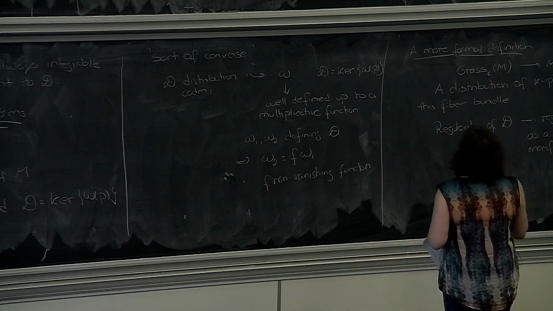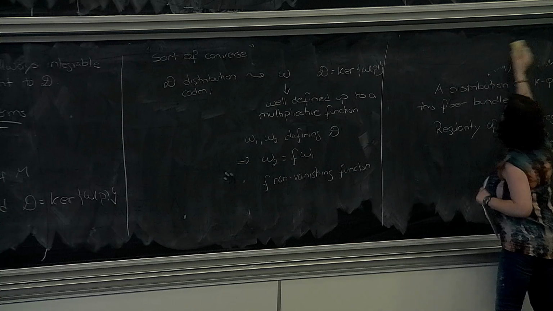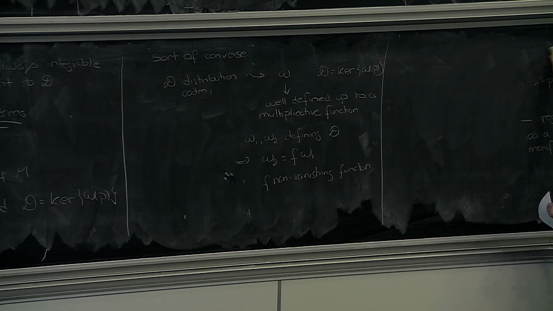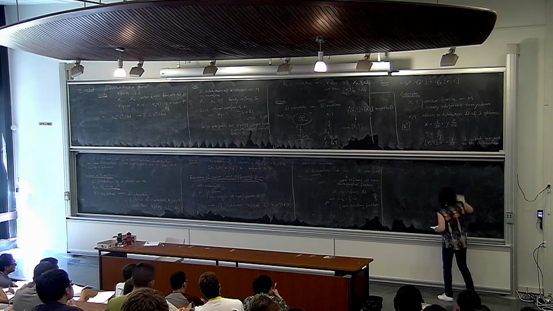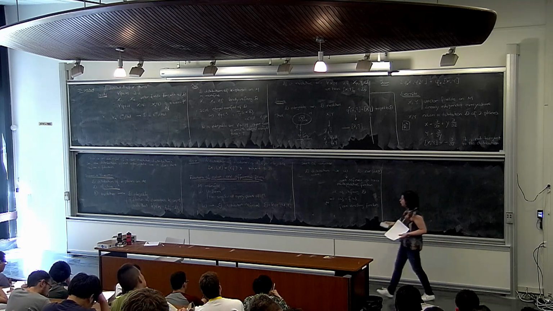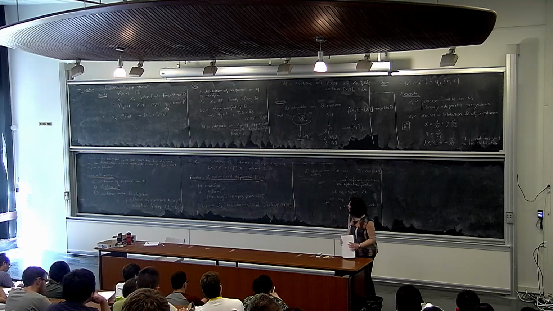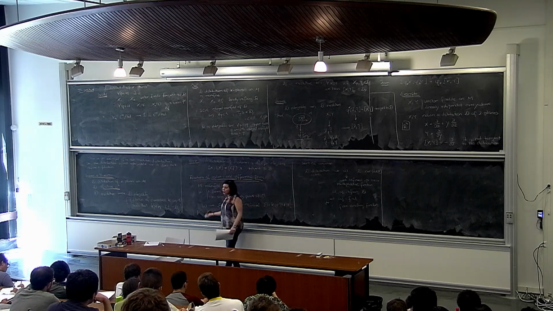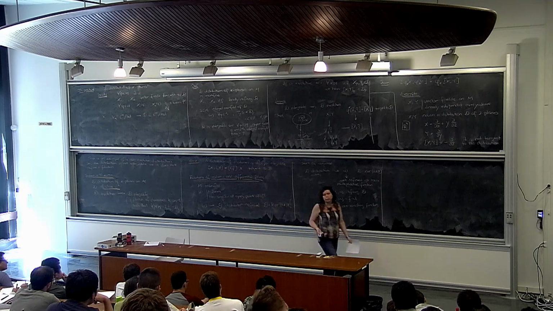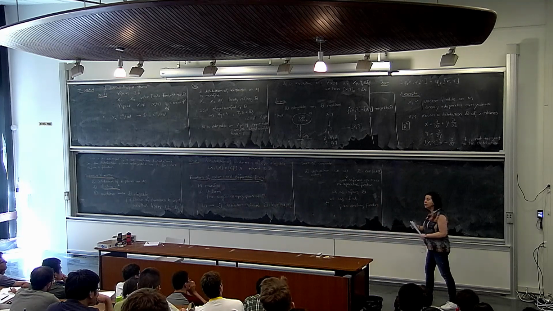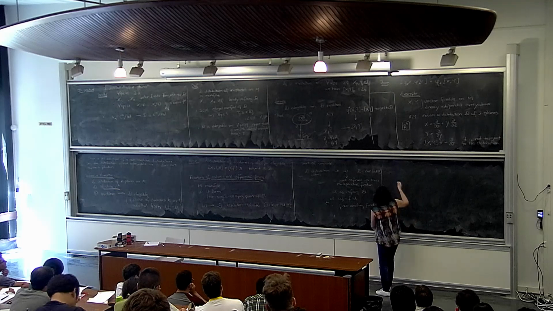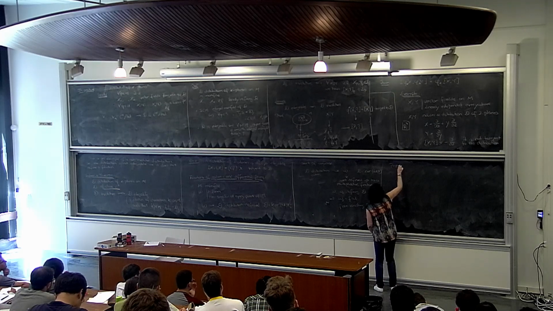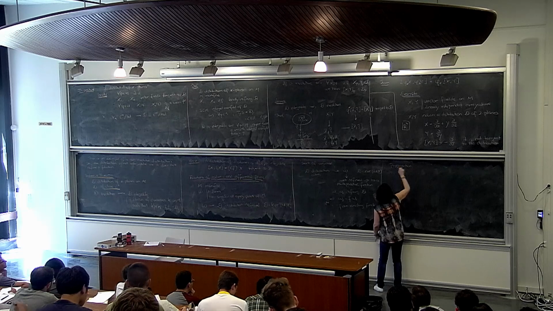Okay? And now, as far as we have a distribution of codimension 1, we can easily check using this one form if this distribution is integrable or not. I mean, if the distribution defines a foliation or not. So we have the following.